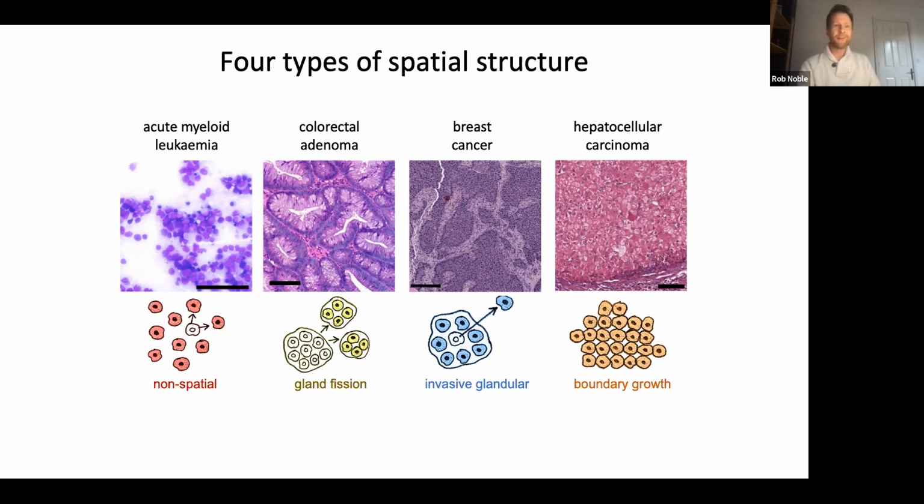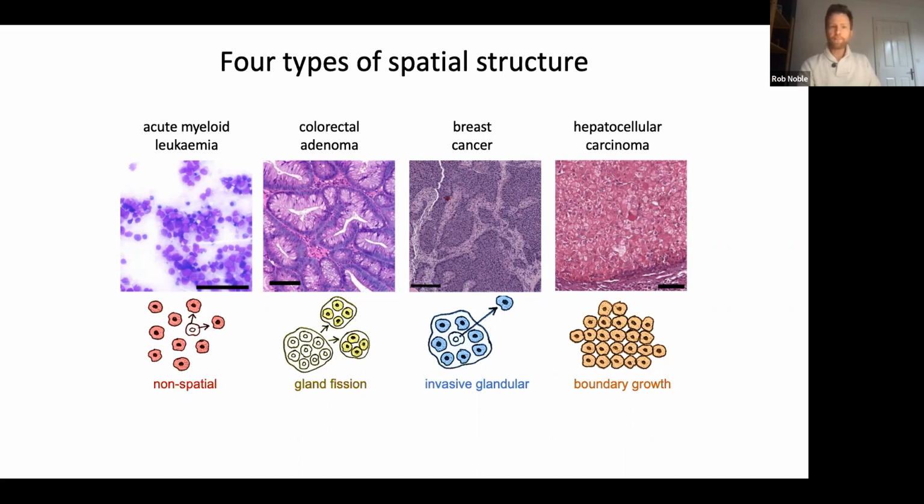Now, I know that there is, in fact, spatial structure within the bone marrow and elsewhere, which means this is not wholly accurate. But we assume that these cells are able to mix fairly well, so the non-spatial model is a reasonable approximation. And again, this is something that many people have assumed in the past.